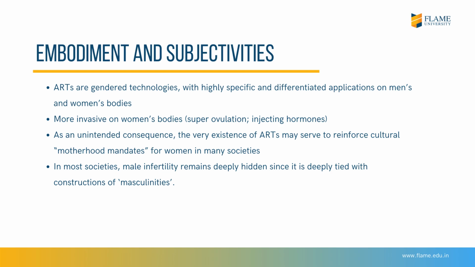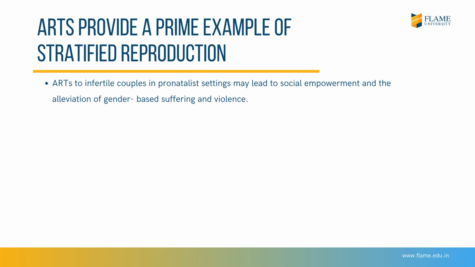Going through this route of looking at some of the critical areas of inquiry that assisted reproductive technologies have raised in societies, many scholars have also pointed out how ARTs have been an example of stratified reproduction, in the sense that access to this form of technology reflects a pronounced class-based or other axis of differentiation.